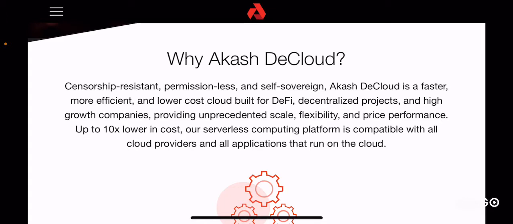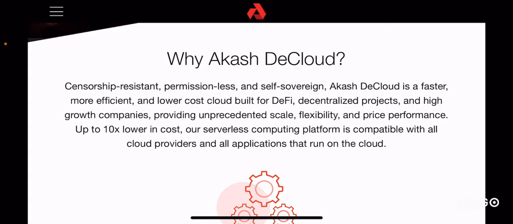Akash has a lot of positives when it comes to its D-Cloud service. It's first of all censorship resistant because it's obviously decentralized, permissionless, and self-sovereign. Again, very well-known qualities of decentralized projects.